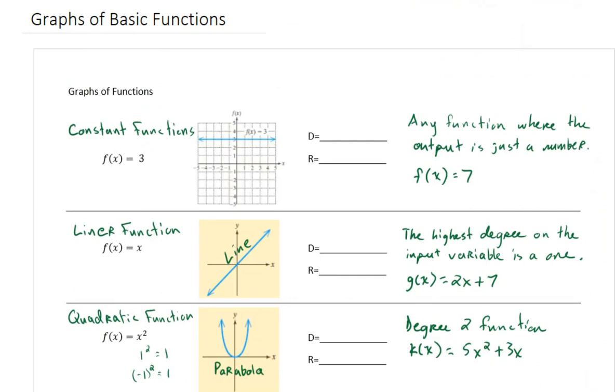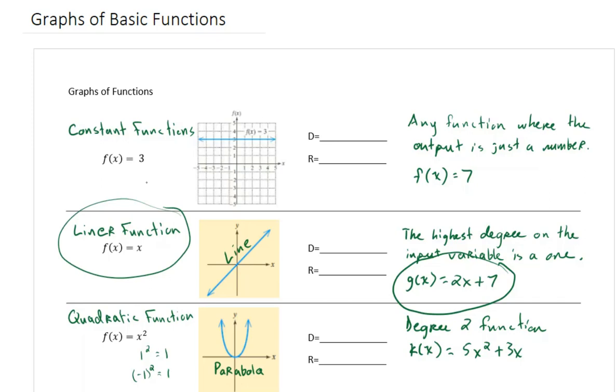So as far as what I'm wanting you to know at this point, if I give you a function rule that looks like this, you can say that's a constant function and it goes to the graph of a horizontal line. Any constant function. And if I give you this function rule, you would know, hey, that x is to the first power, so that's going to go to the graph of a line, and we call that a linear function.